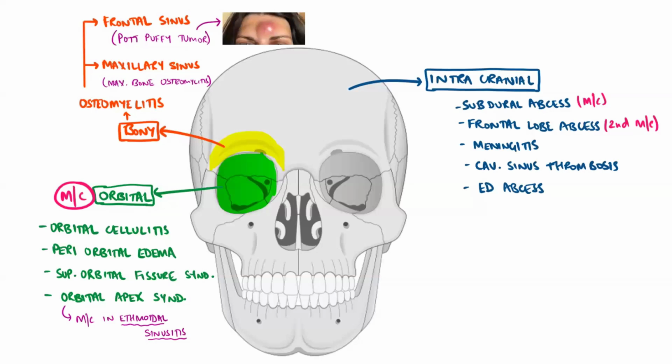In bony complication, we had one question which had a Pott's puffy tumor, as you can see in the image, which is nothing but osteomyelitis. And in intracranial complication, it can lead to subdural abscess, frontal abscess, meningitis, and cavernous sinus thrombosis also. So this is a quick recap of the quiz today. Hope it helped you to revise.